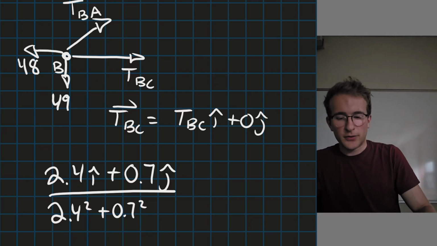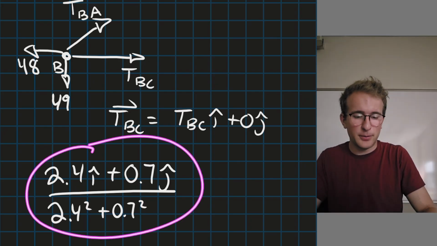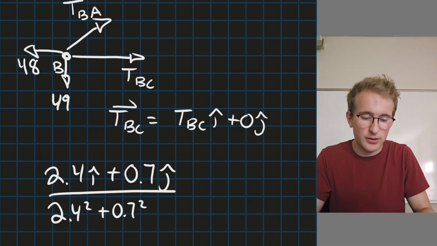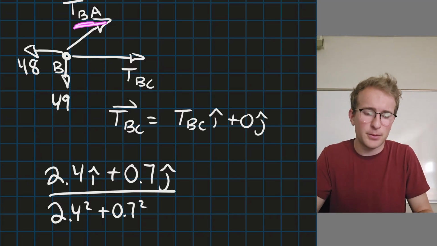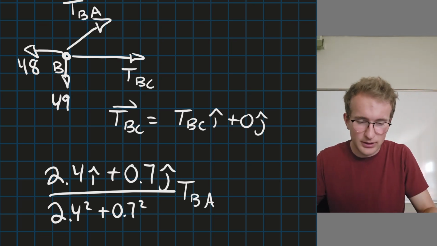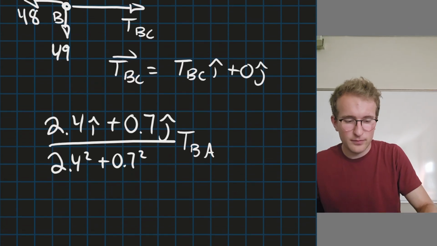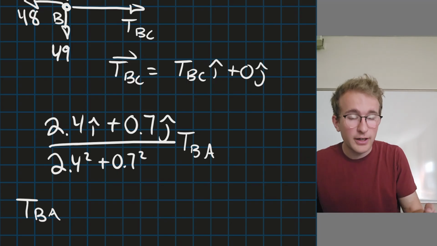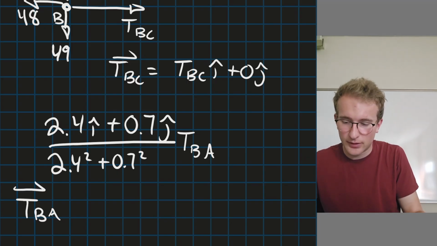So to write out the whole force vector, we multiply this unit vector by the force vector's magnitude. Its magnitude is T sub BA, I'm calling it. So multiply it by TBA, and I get the vector TBA.